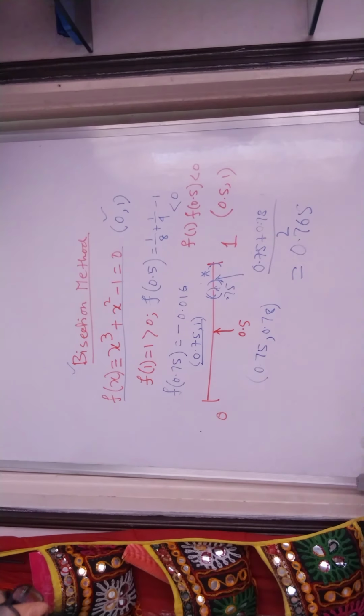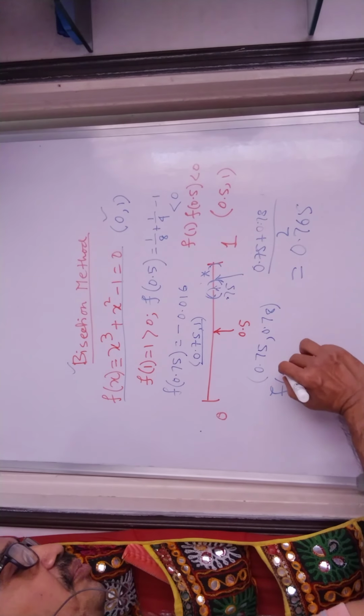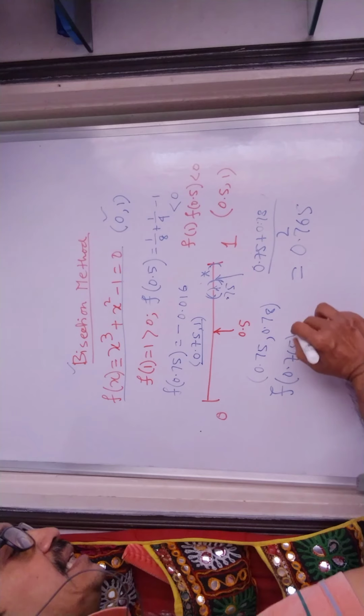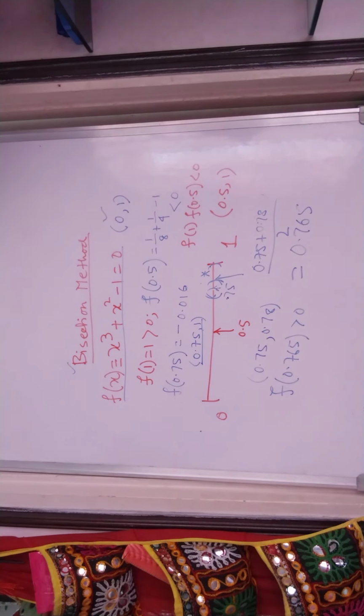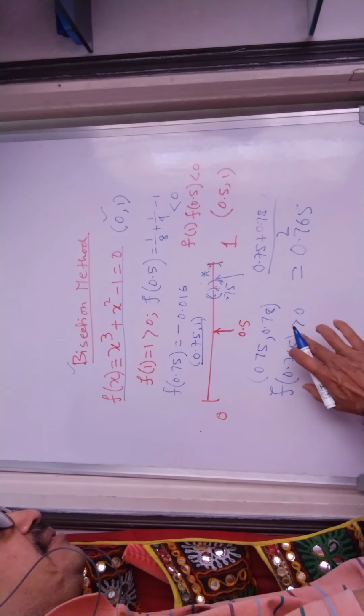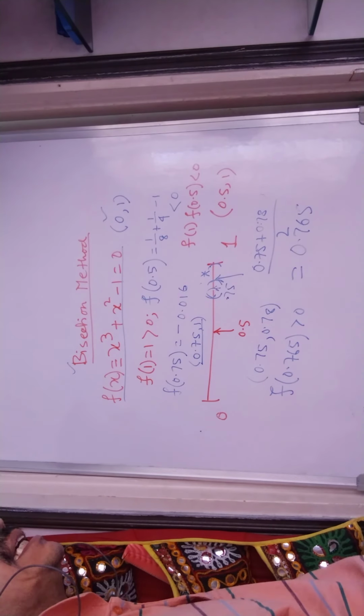And we can easily check that f(0.765) is again positive. So move on to choose the interval as 0.75 and 0.765.